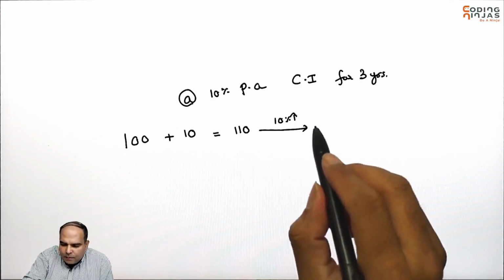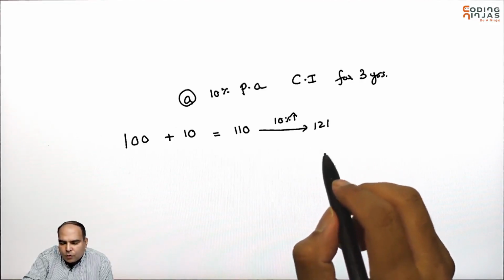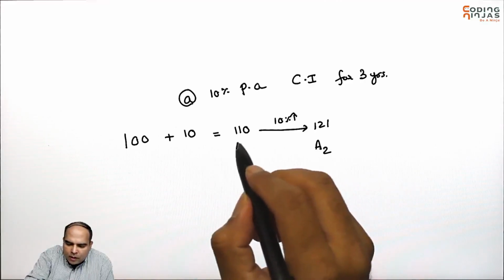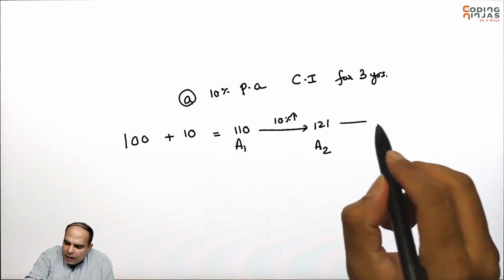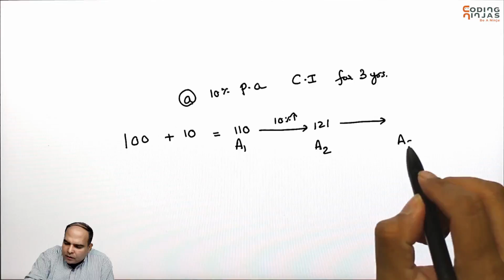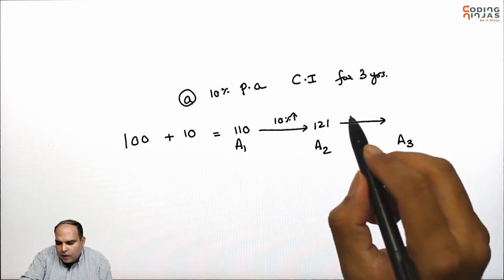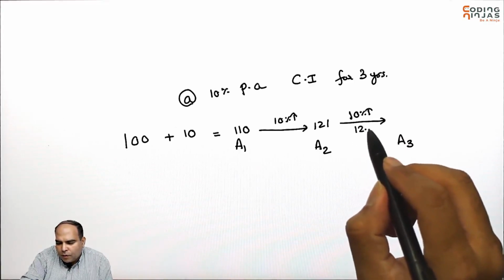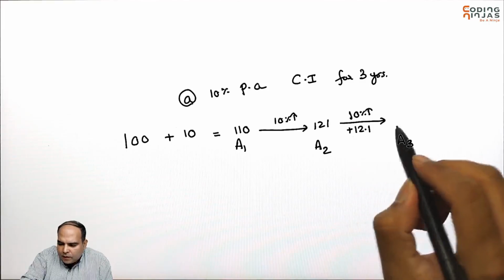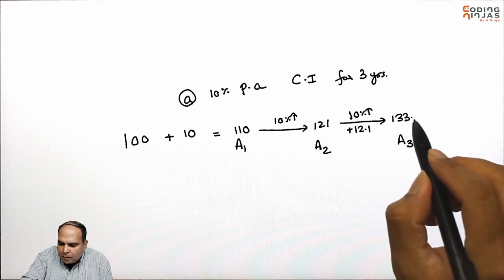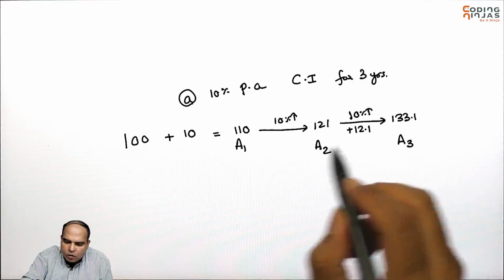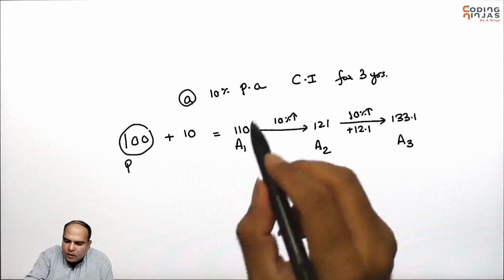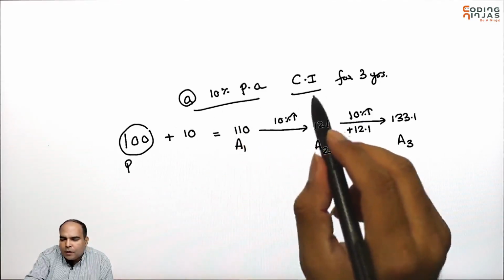So 110 will become 121 after 2 years. This is your amount at the end of 2 years. This was your amount at the end of 1 year. And if you want to get the amount after 3 years, you again have to increase this by 10%, and that will be an increase of 12.1, which means 133.1 will be the amount after 3 years on a principal of 100 rupees at 10% per annum compound interest.